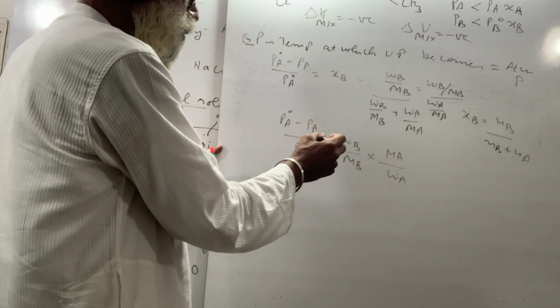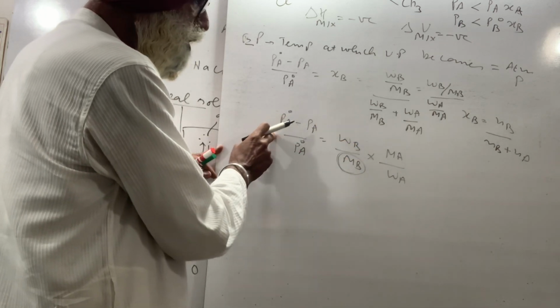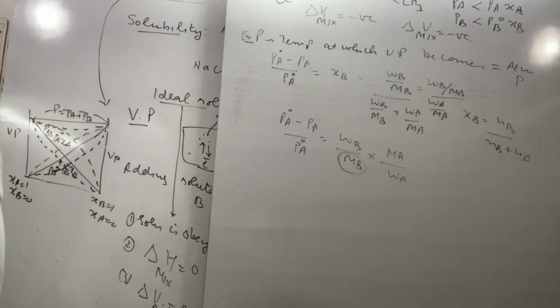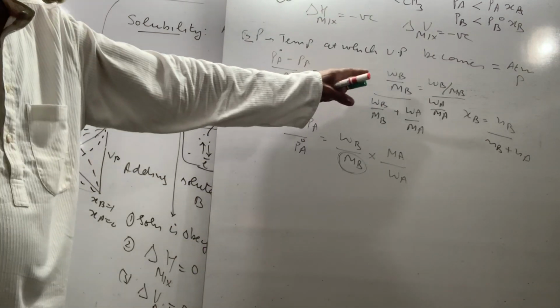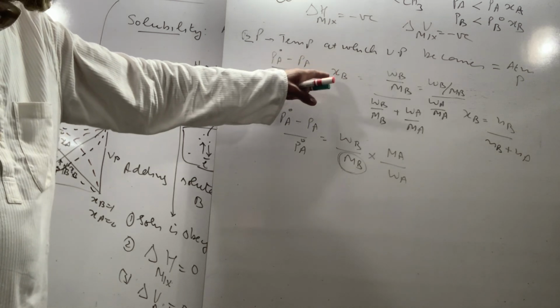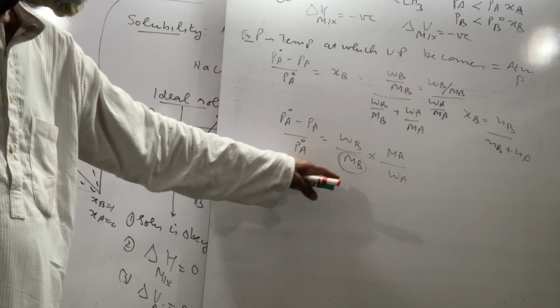Therefore, the molecular mass of solute is inversely proportional to colligative property. So colligative property is directly proportional to amount of solute and inversely proportional to molecular weight of solute.